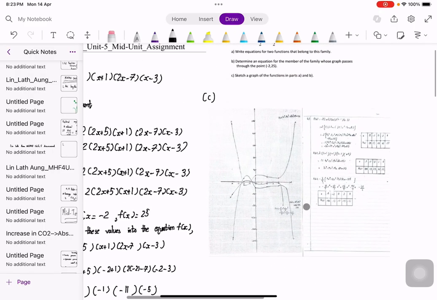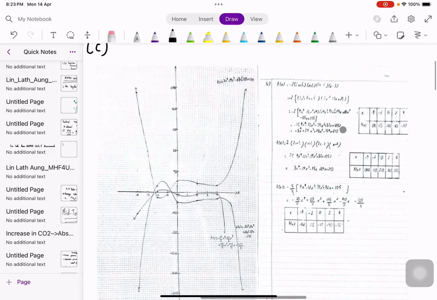After that, for C, we have to draw the graphs. As you can see here, the graph with positive constant 2 is facing upward, so it has a W shape.